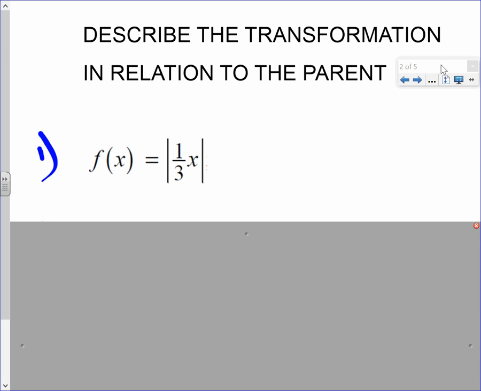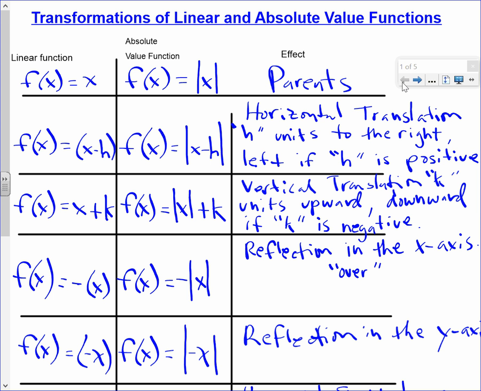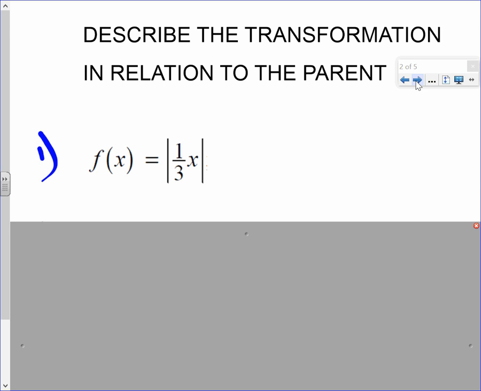So go right, number 1, f of x equals 1/3, absolute value 1/3 x. All right, now, as we do this, this note guide will be your best friend for what we're about to do. So you want to become very familiar with what you just wrote and hold it very dear to your heart.